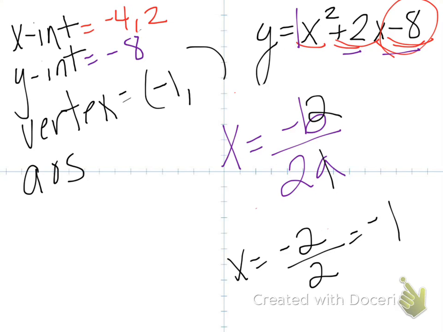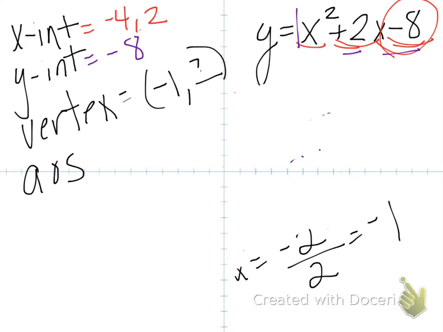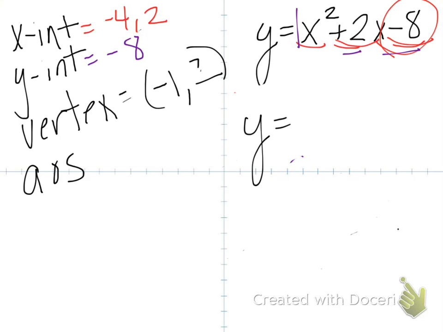I still need my y value. How do you find a y value if you have an x value? Well, you plug it in and find out what you get. Now I know my x value is negative 1, and I have a function, y equals x squared plus 2x minus 8. What's negative 1 squared?